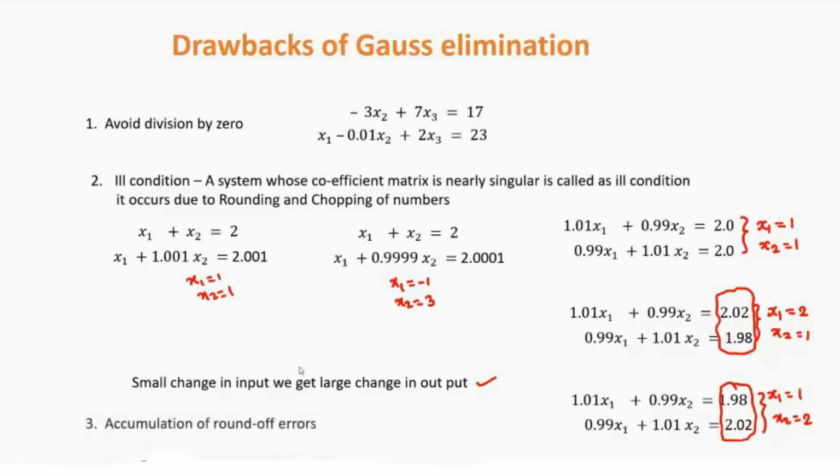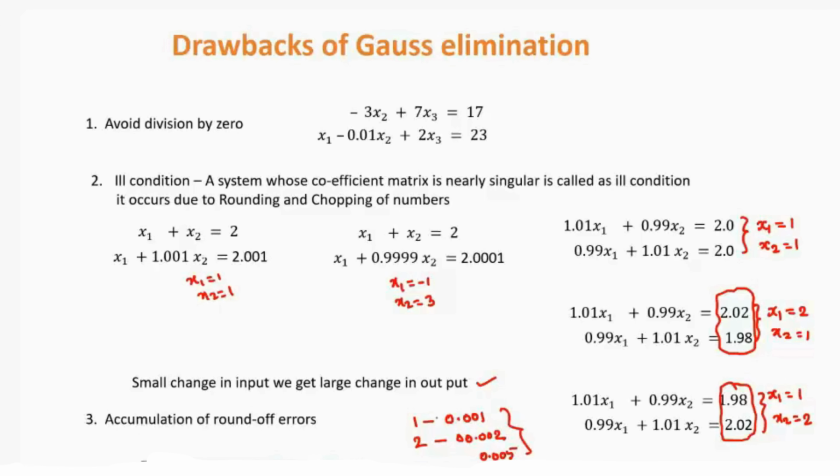And the third drawback is accumulation of round off errors, because usually it consists of n number of iterations. In the first iteration, suppose this has 0.001 error. In the second, it leads to 0.002. It may lead to 0.5 in the third iteration, and so on.